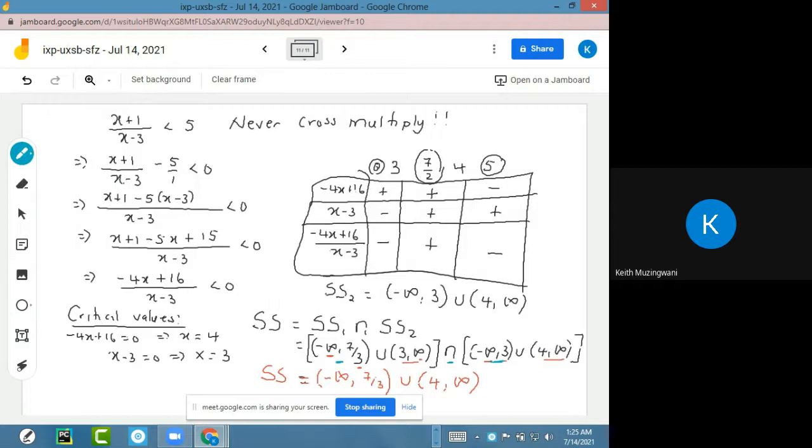Now here they're the same. Then for the inside, 7 over 3 and the 3, you get the smallest. So you're comparing which number is bigger than the other. 7 over 3 is smaller.